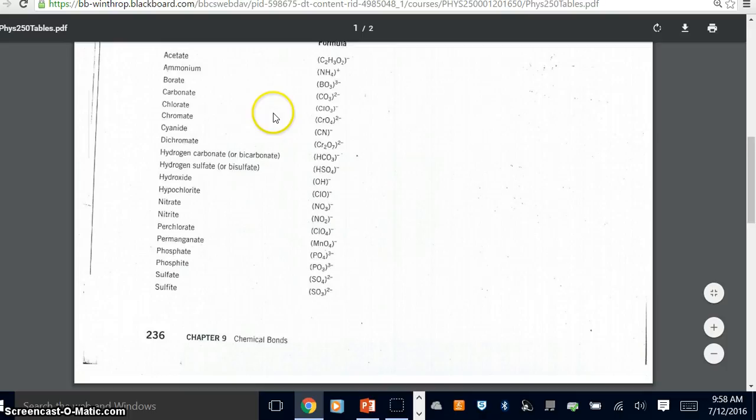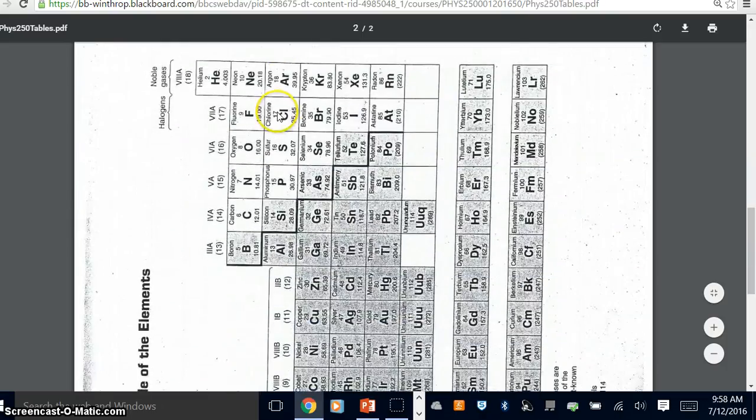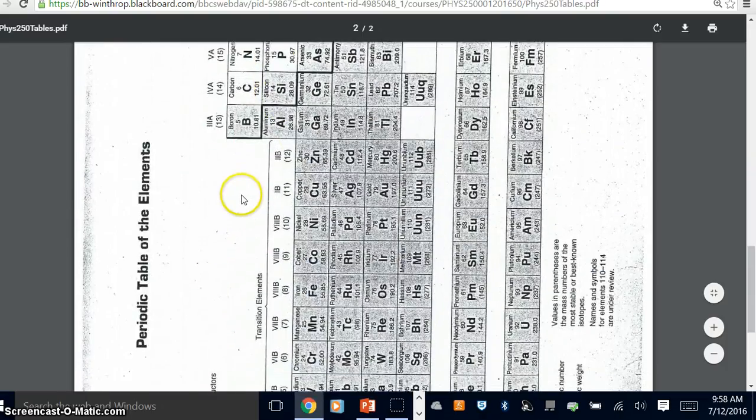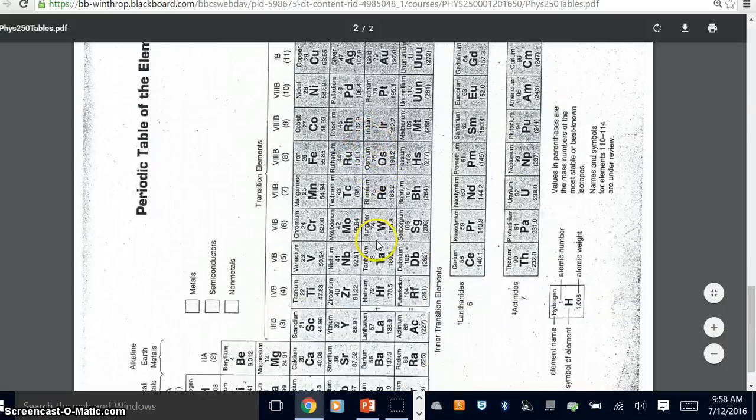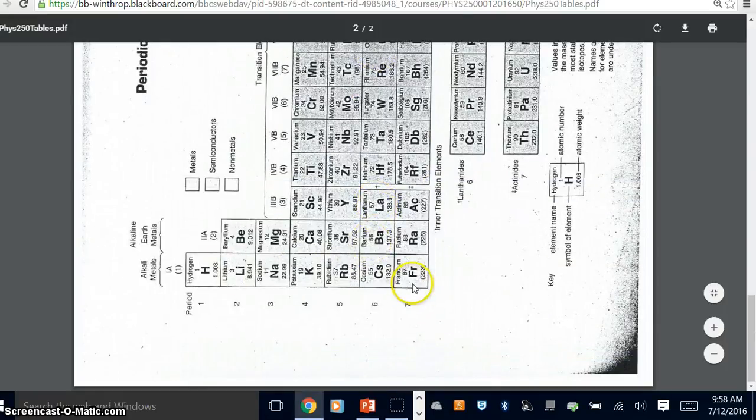I'll get to those in just a little bit. And then we have the periodic table. You might want to print this out, and I know it's sideways, but print it out, and you can use this to do the homework. Or actually this periodic table is in the back of the book, the back cover of the book.